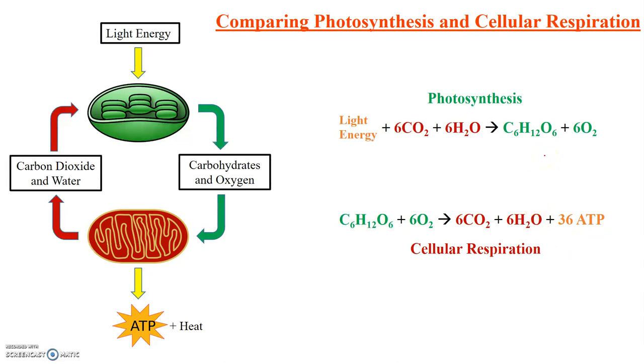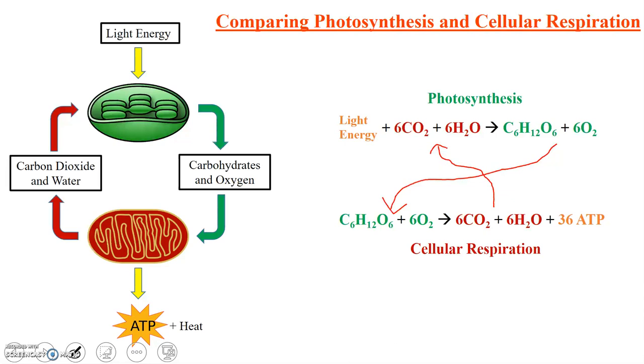What we have are these products here of photosynthesis, and those are used in cellular respiration. So the products of photosynthesis are the reactants of cellular respiration, and then what is produced by cellular respiration is then used as reactants in photosynthesis. So we have the products of one are the reactants of the other.